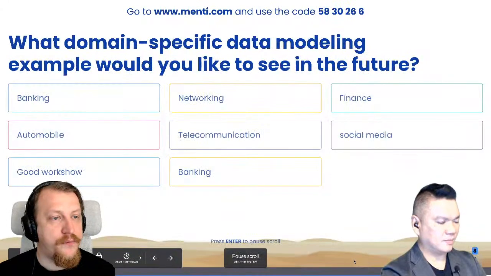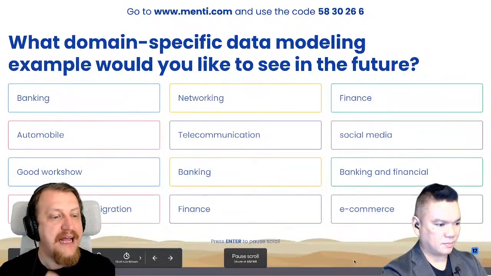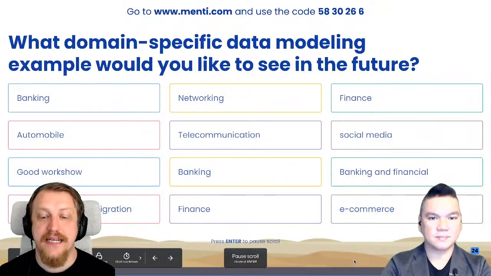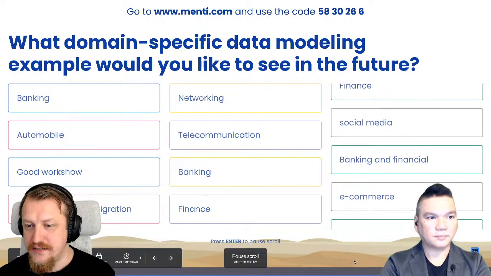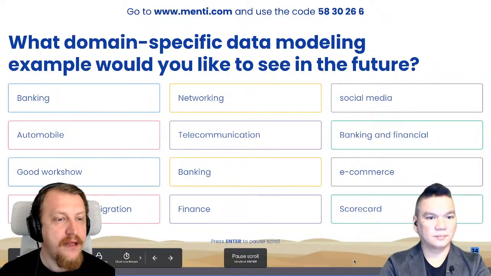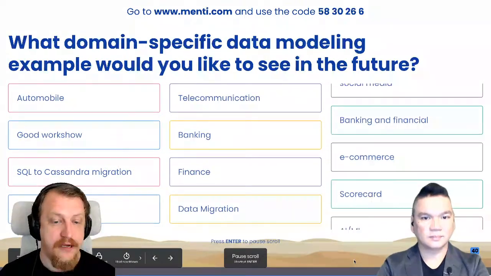So, which domain-specific data modeling example would you like to see next? I can say as a secret that the next example, as far as I've heard, is going to be based on e-commerce. And I know we have a heavy request for banking and financial, really a lot.